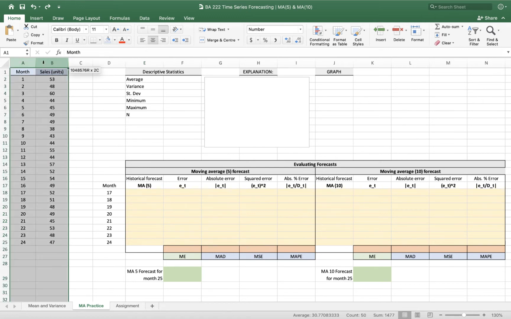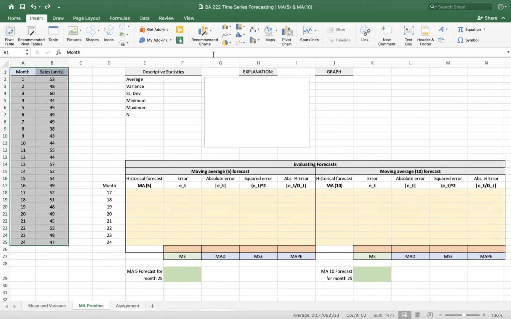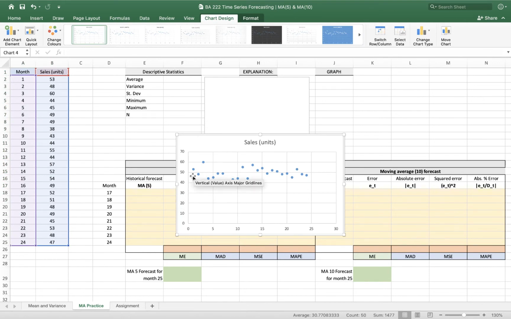In columns A and B, we've got a time variable, which is month, and a units of measurement variable, which is sales. If we were to take these two variables and plot them on a graph, we can get a sense visually for how demand has fluctuated over time.